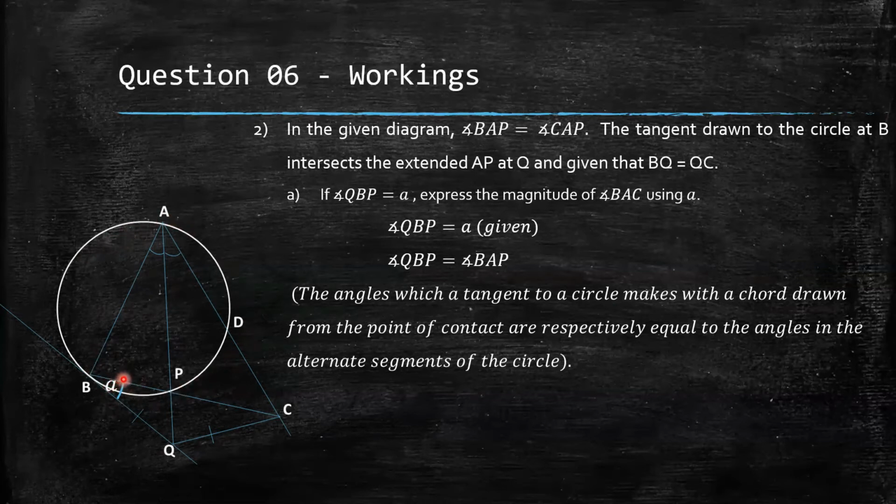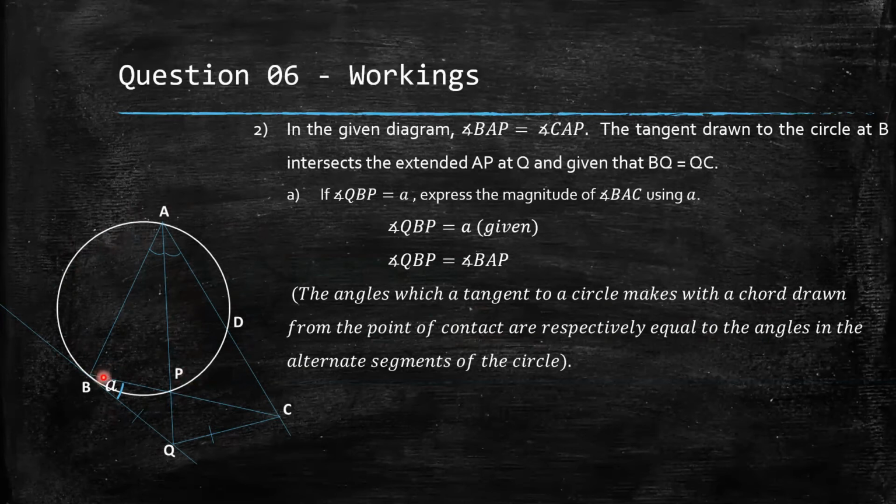Therefore, the angle which a tangent to a circle makes with the chord, that means A, drawn from a point of contact is equal to the angle in the alternate segment of the circle. This will be my alternate segment. The small part is the segment which includes my angle, and this will be the alternate segment of that angle.